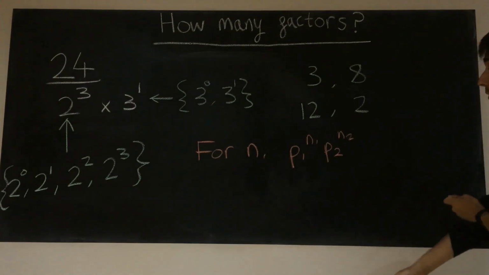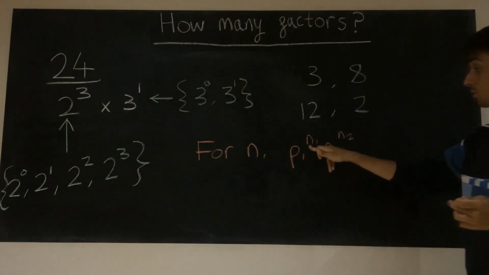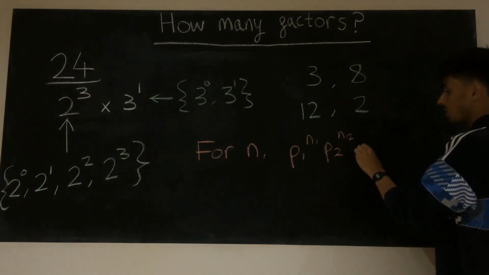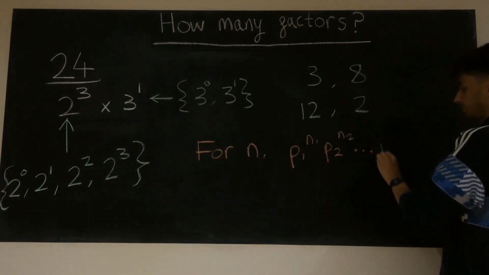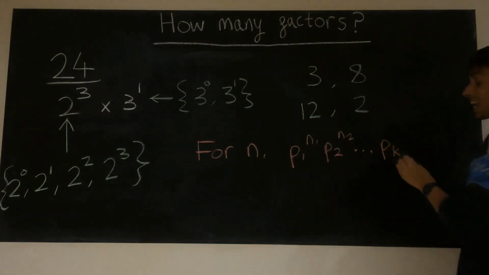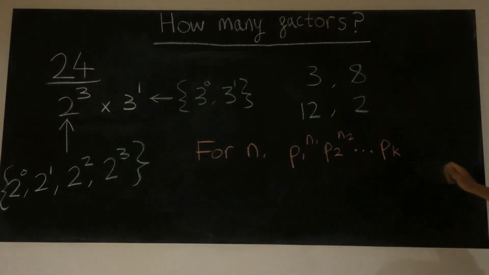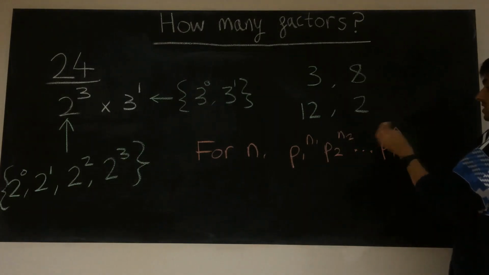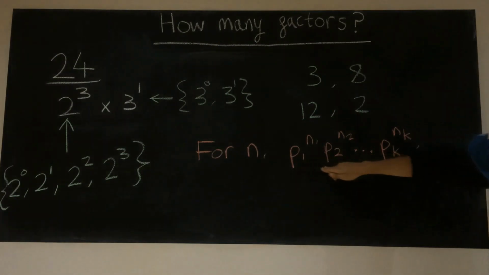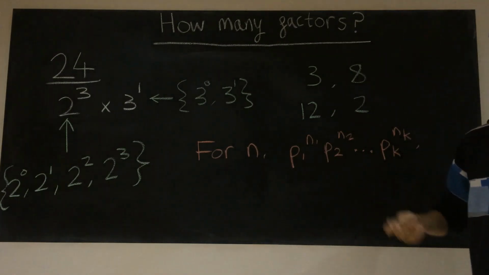So if it was 24, it would be 2 to the power of 3, 3 to the power of 1. Well, let's keep going because we want to make this a bit more general, up to pk, it's got k prime factors, and we can say this is to the power of nk. Yeah, this is the prime factorization of a general number.